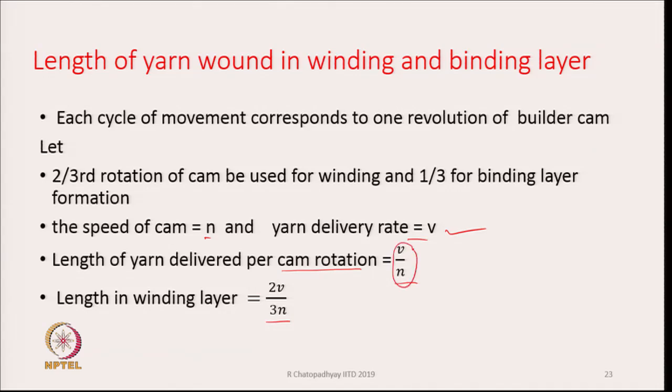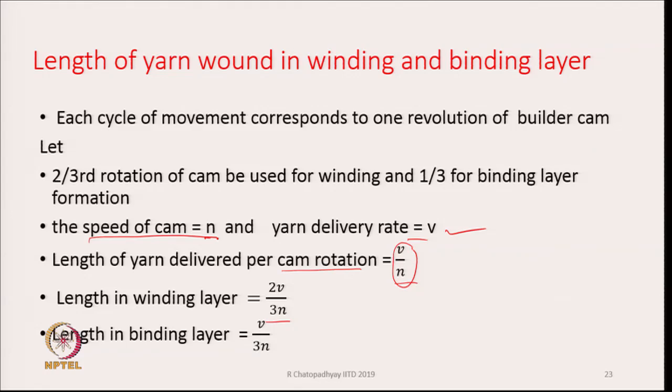Out of that, 2/3 is used for winding layer formation. So, 2/3 of V by N will be the length of winding layer, and length of binding layer is therefore going to be 1/3 of V by N. This is how we can easily calculate, provided we know the speed of the cam, that we need to find out.